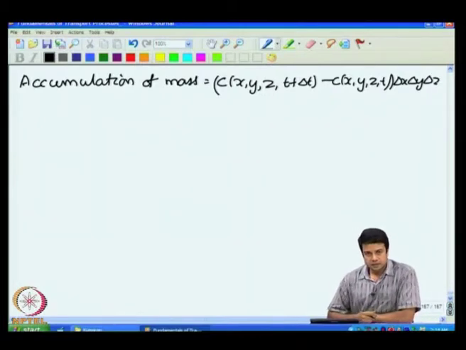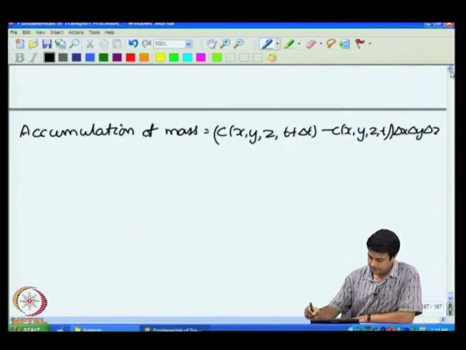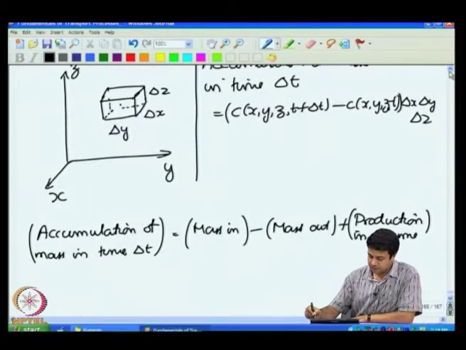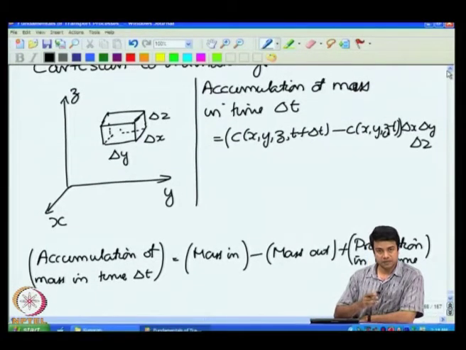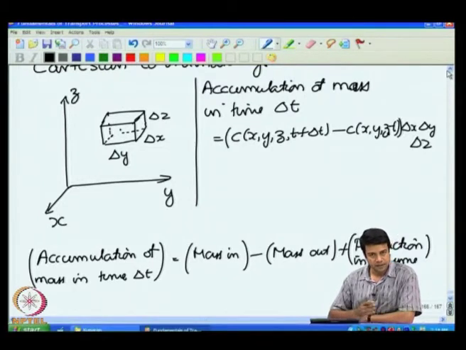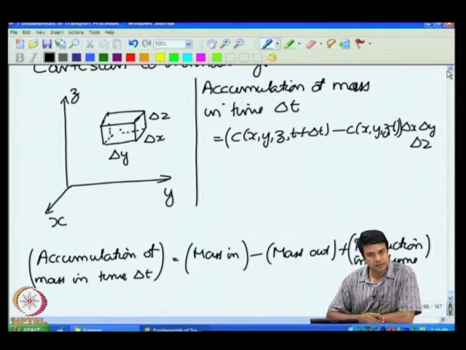Now, what is the flux in of mass? If I define the flux to be positive if it is in the plus x, plus y and plus z directions, then there is an input of mass due to the flux at the bottom surface at z minus delta z by 2, at the left surface at y minus delta y by 2, and at the rear surface at x minus delta x by 2.